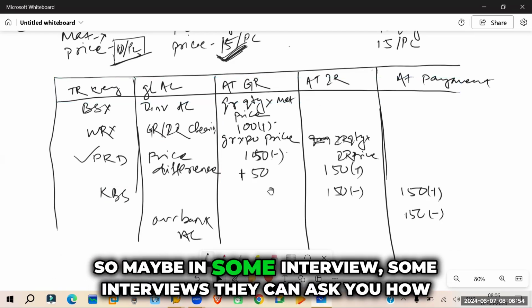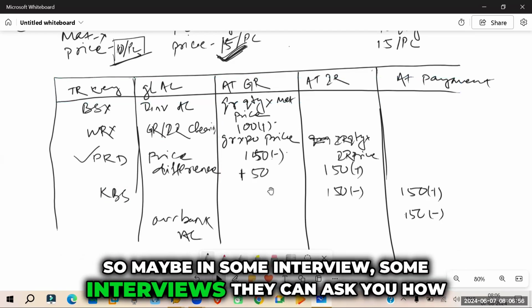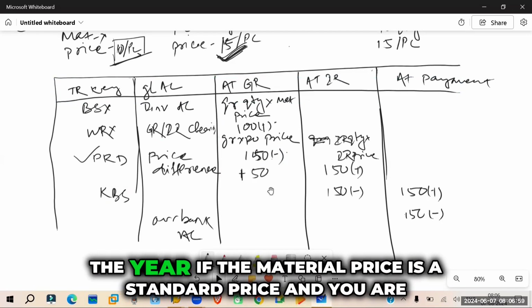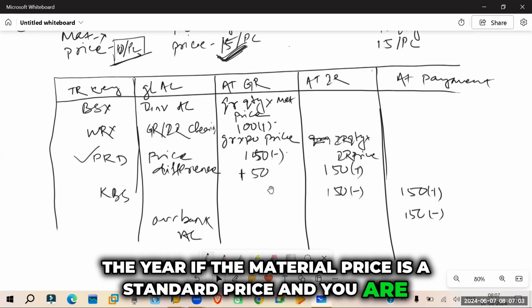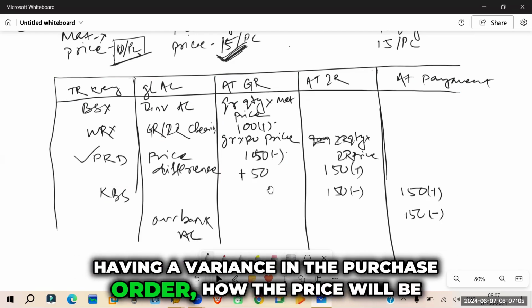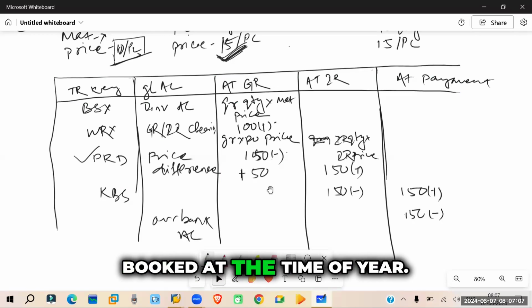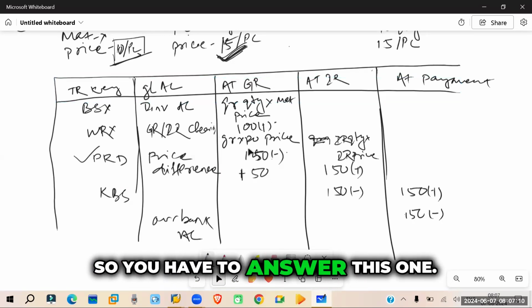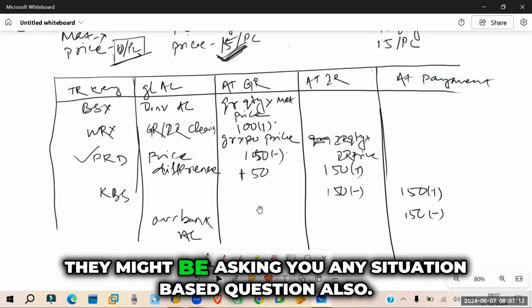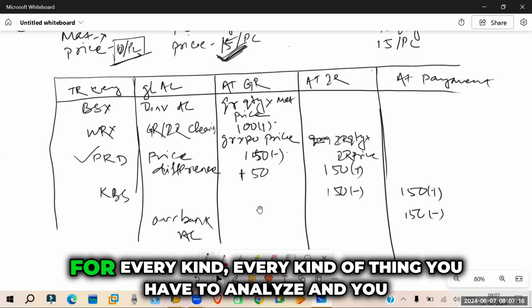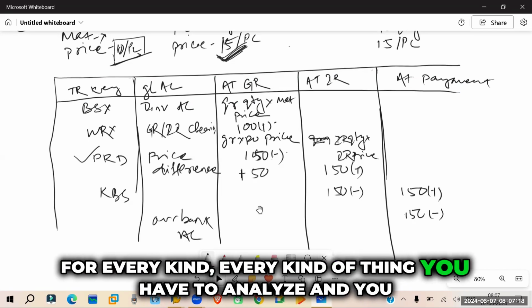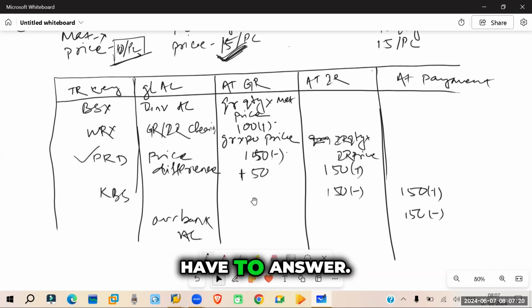In some interviews they can ask you how the GR will be booked if the material has a standard price and you have a variance in the purchase order. You have to answer this. They might also ask any situation-based question. For every kind of thing you have to analyze and answer.